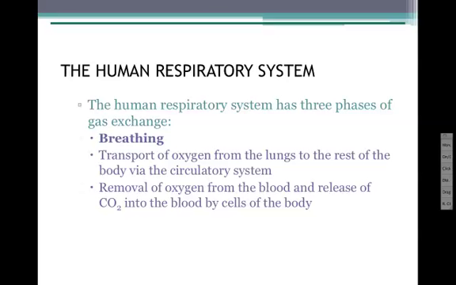And then the final phase is to remove the CO2 from the cells and bring it back to the lungs. So there's a lot of stuff going on, even though it seems that we're just breathing in and out. So it is a little more complicated than it appears.